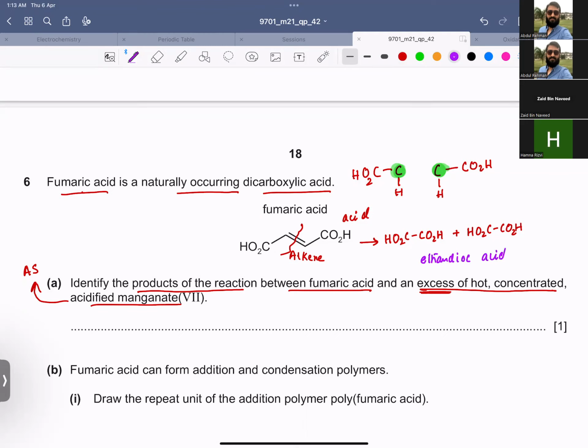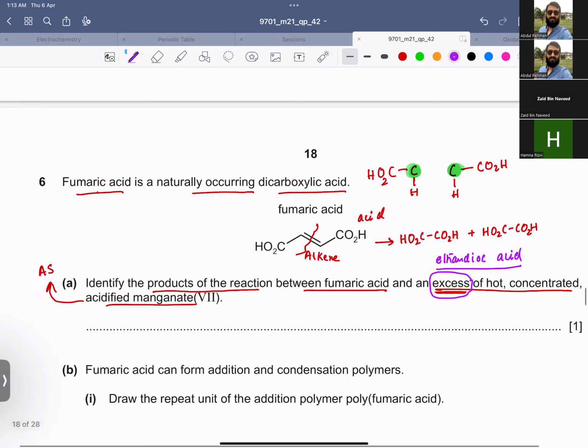We are getting ethane dioic acid. But see, what they have mentioned is that we are using excess hot concentrated acidified manganate. So what will happen? Initially, acidified manganate converts this compound into two molecules of ethane dioic acid, right?